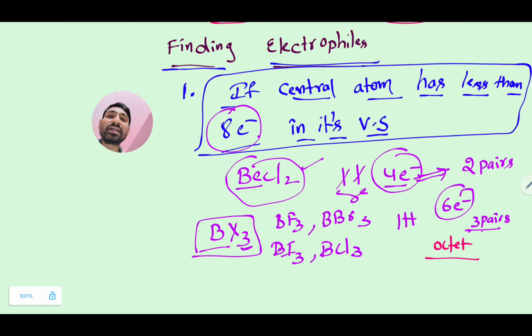It is electron deficient, so it can accept an electron pair and act as a Lewis acid. For example, AlCl3: aluminum is also a third group element and shares its 3 electrons with 3 chlorine atoms, so it contains 6 electrons. It can also accept a pair of electrons and act as an electrophile.